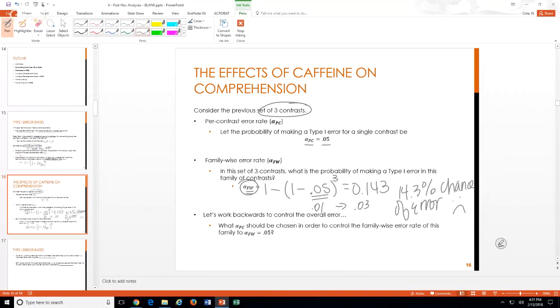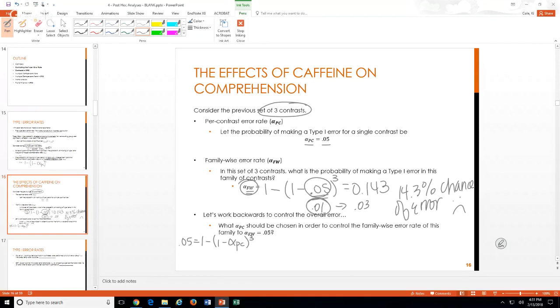Okay, so my question is, if we determine that we want the family-wise error rate to be 0.05, what do we need to do each alpha per contrast at to maintain that? So we don't need it to be 0.05, but we don't need it so strict that it's 0.01.